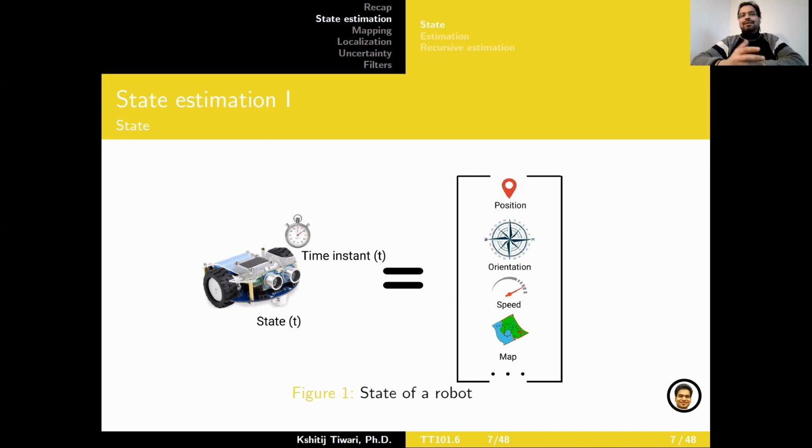But for an example, to give you an intuitive understanding of what a state would look like, typically it would consider things like position, orientation, velocity, partial map of the environment until that time instant t, whatever the robot has explored around in its space, couple of other things depending on context, and so on. So state could have a lot of different parameters involved inside.